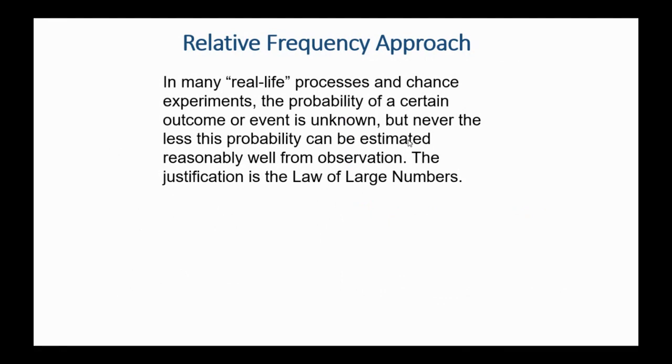If we're being totally honest, meteorologists use this all the time. 10% chance of rain today. Well, it's not that 10% of the day it's going to rain. It's just that in 10% of the days with our same exact conditions, it rained. So that's why there's a 10% chance of rain.